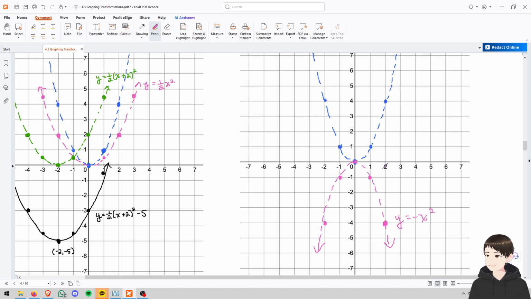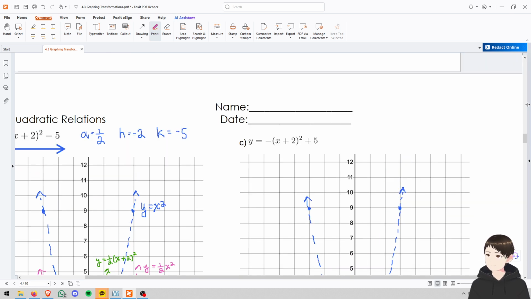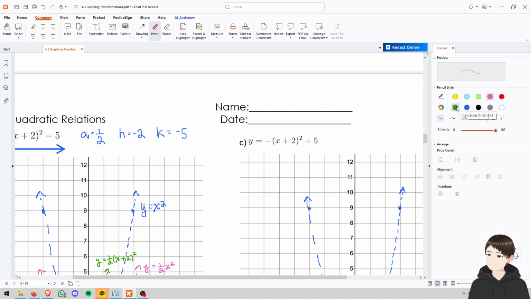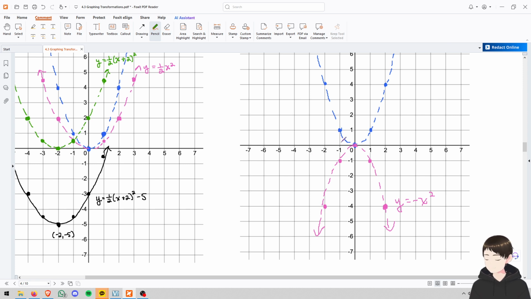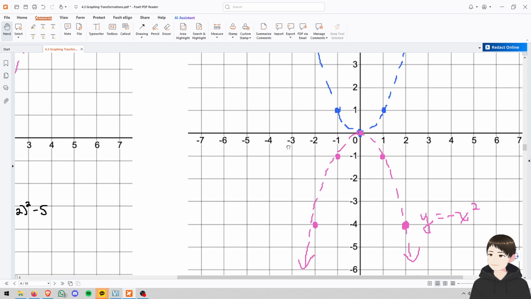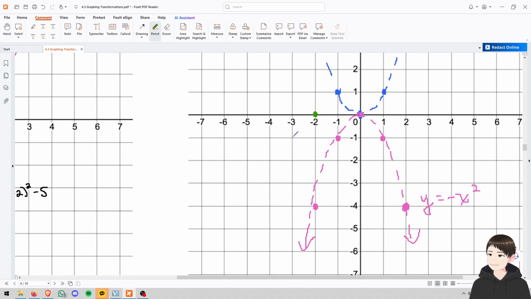What's my next transformation? It is to the left by 2. So my pink would be to the left, to the left, to the left, to the left, to the left.